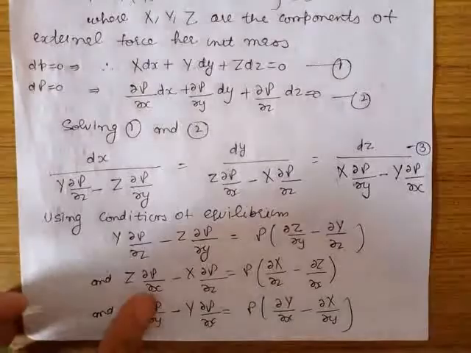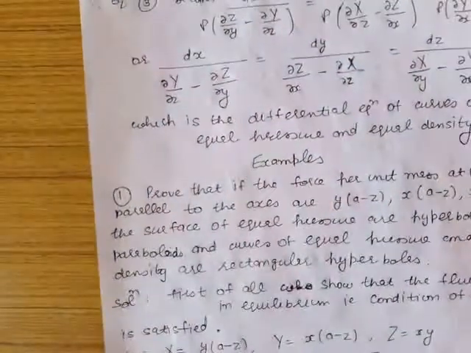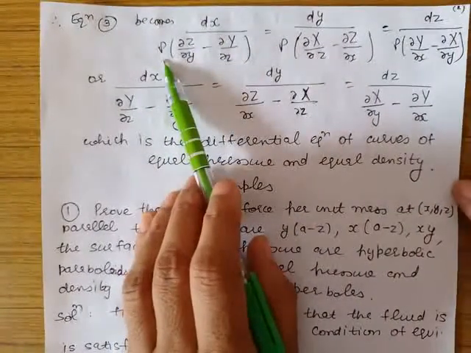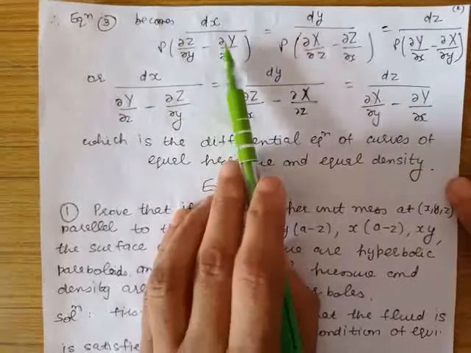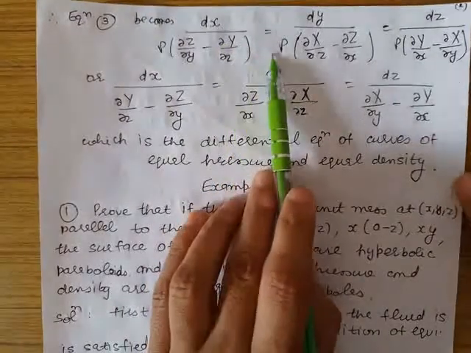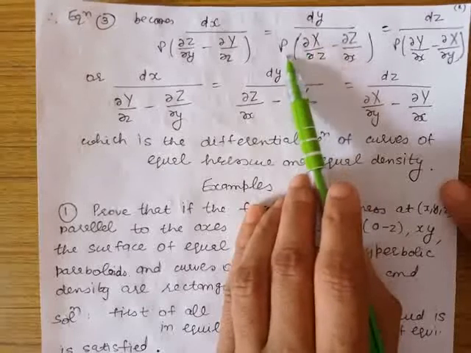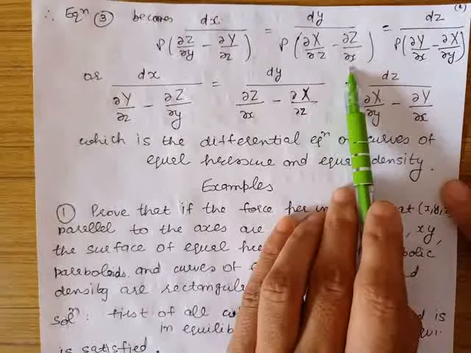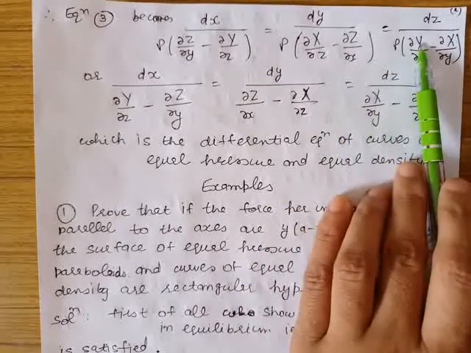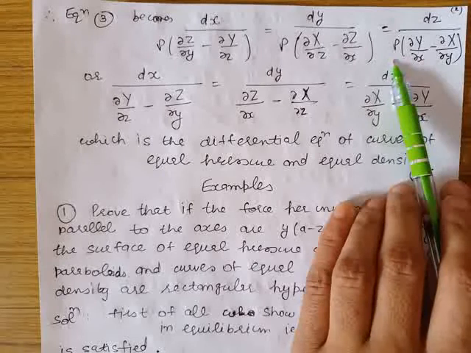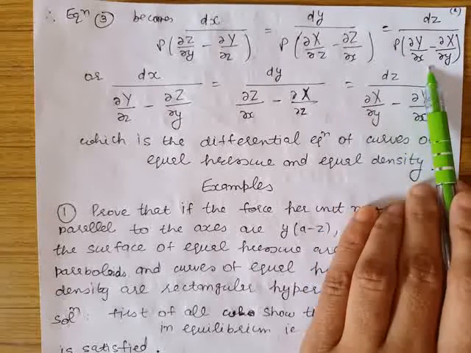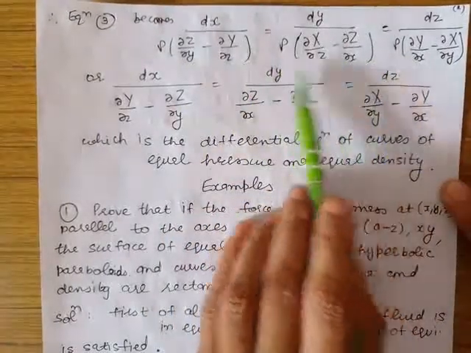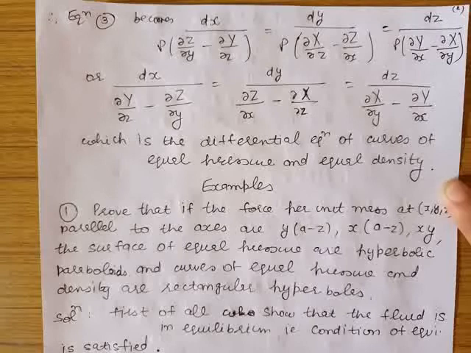So equation 3 after substitution of values becomes dx / ρ(∂Z/∂y − ∂Y/∂z) = dy / ρ(∂X/∂z − ∂Z/∂x) = dz / ρ(∂Y/∂x − ∂X/∂y). Now in the denominators let us divide throughout by −ρ.